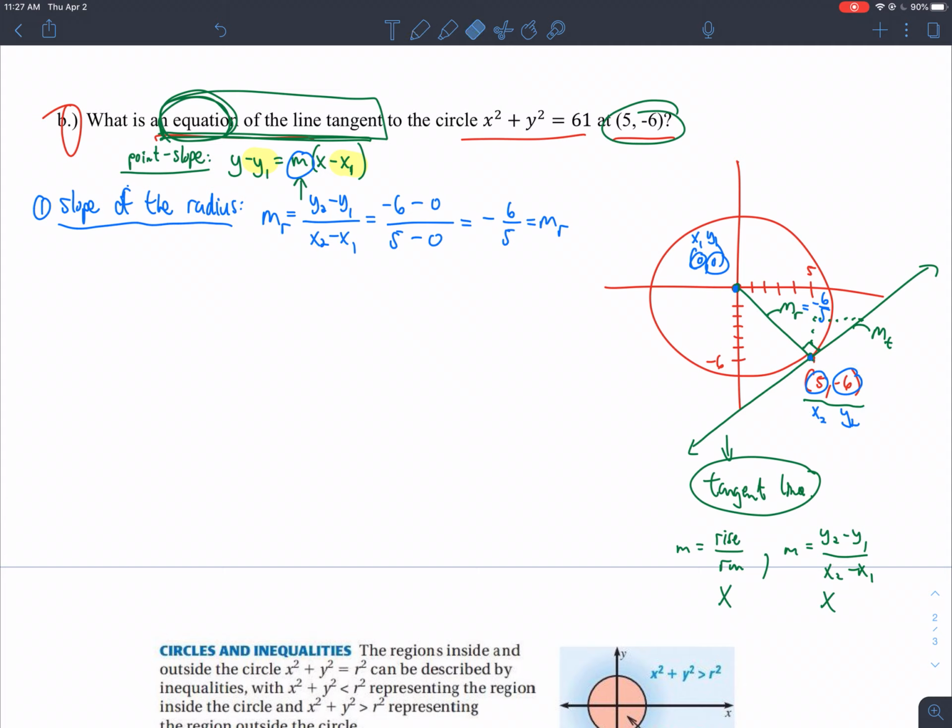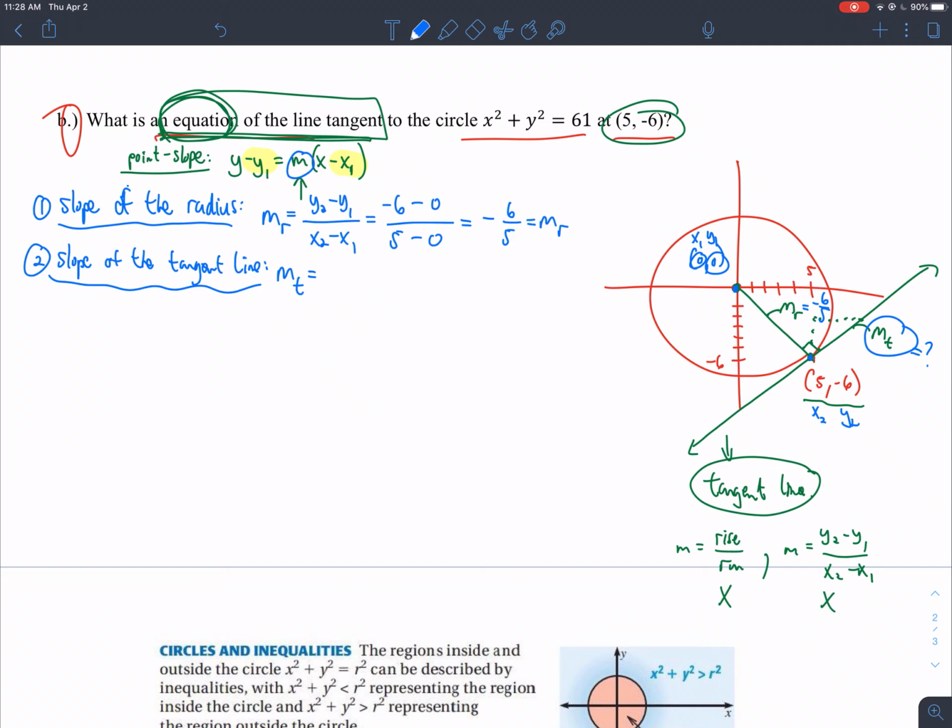That's great, but that's not actually what I wanted. I want the slope of the tangent line. I want m sub t. And that is what? Now, this is easy because I've already done the hard work. So I just have to use some logic. Find the slope of the tangent line. That's simple because the slope of the tangent line, m sub t, is just the negative reciprocal of the slope of the radius.